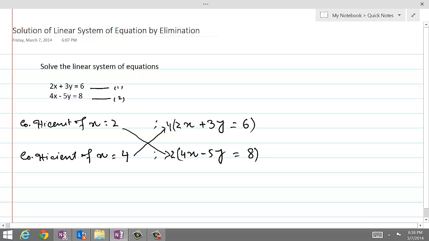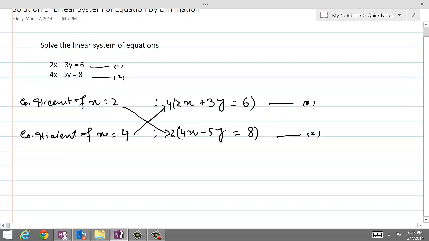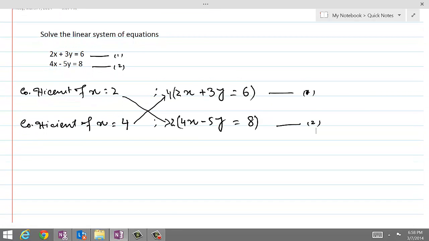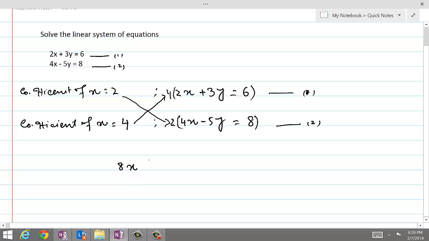Let's rename the system the same way as equation 1 and equation 2, because we have multiplied a constant number on both sides of the equation. That doesn't change anything.